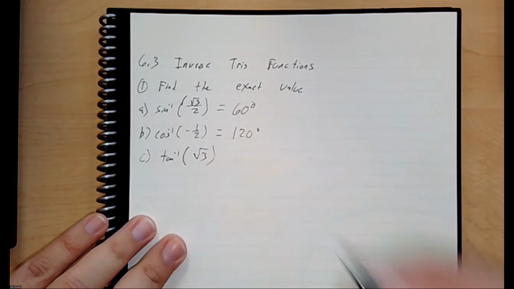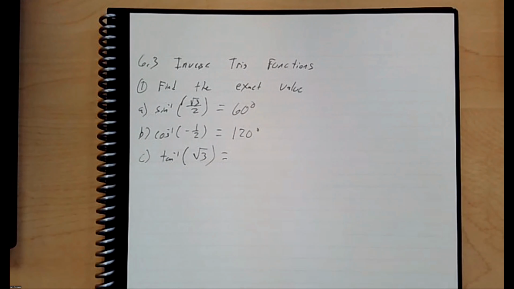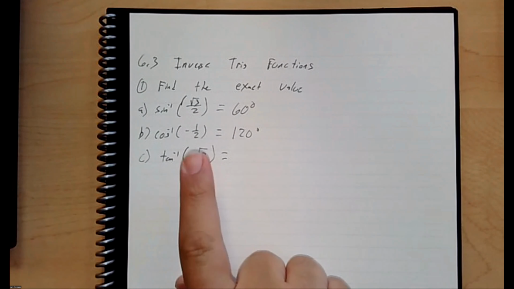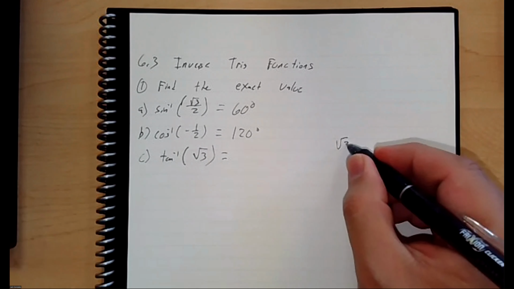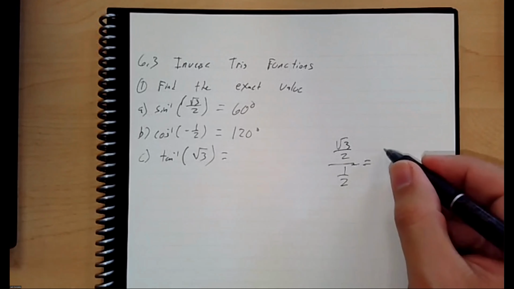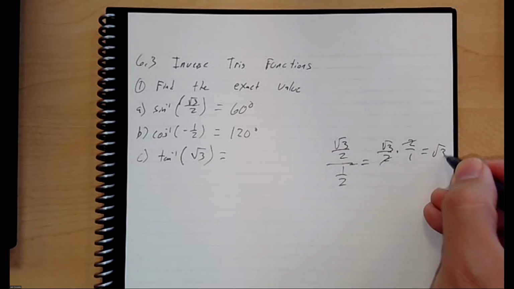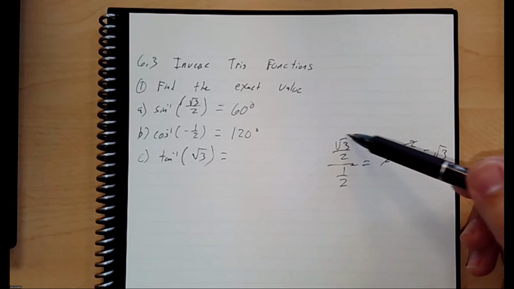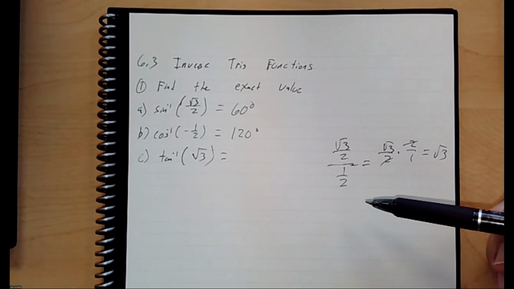Since it's square root 3, you have to figure out: if I divide sine and cosine, which ones will cancel to give me a root 3? You see how they will cancel, right? So I need an angle that has this on the top for a sine value and this on the bottom for a cosine. Does that make sense? That's how I think about it in my head.